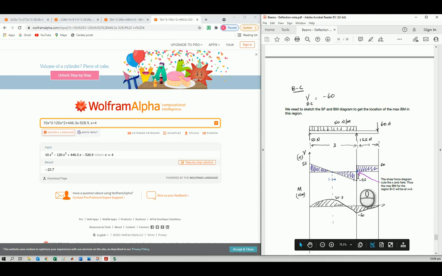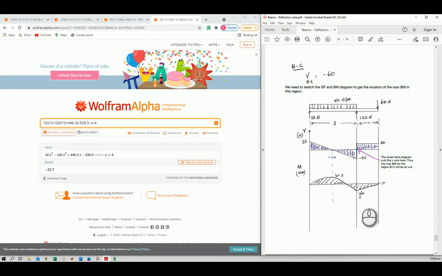You could see at this point, when we start the region BC, it starts at one value and crosses the x-axis and continues. Where it crosses the x-axis, at x equal to 3, is where we would have our maximum bending moment. And if we sketch out our bending moment diagram, we could see it here. So at x equal to 3 is where we have our maximum bending moment between region B and C.